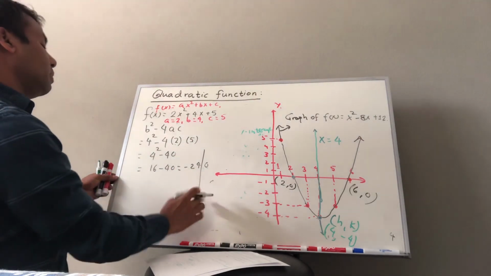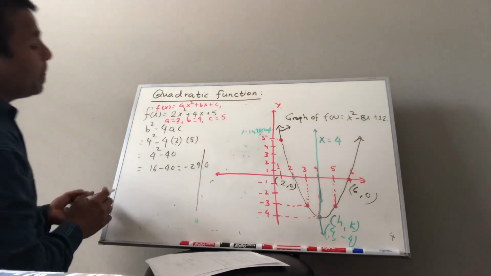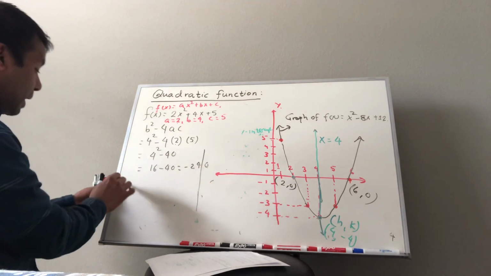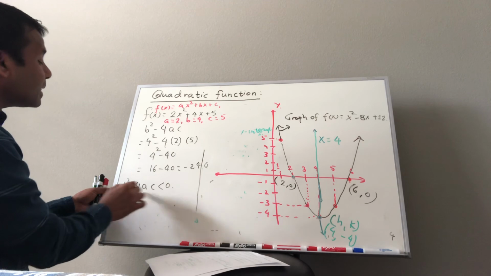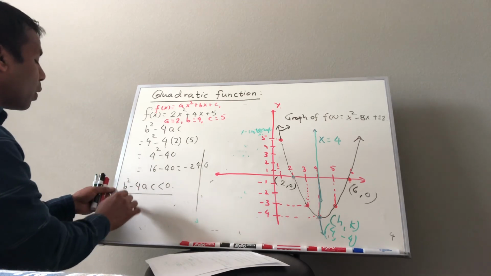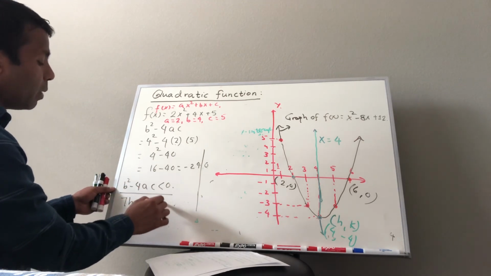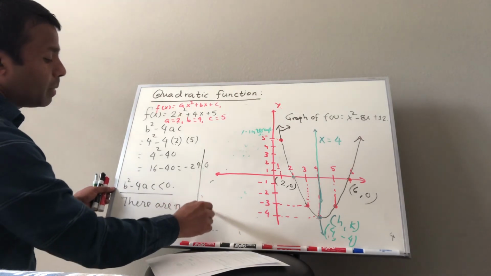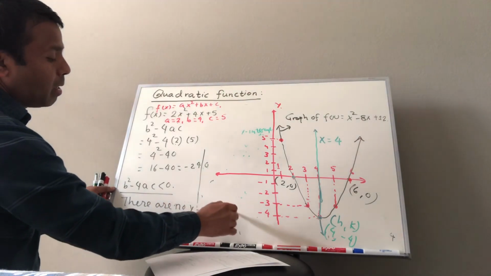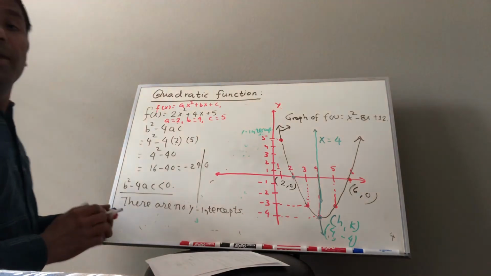So b squared minus 4ac is negative. In this case, there are no x-intercepts. Okay, thank you guys.